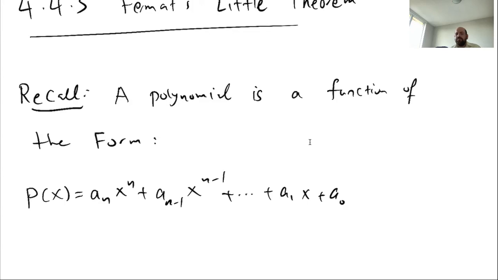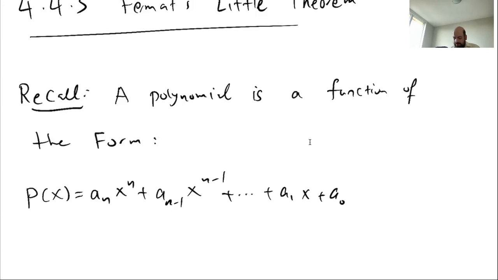But right now in number theory, we look at polynomials with integer coefficients, and in particular with coefficients chosen from the set Zm or Zp, mostly Zp, where p is a prime number. So let me explain this.